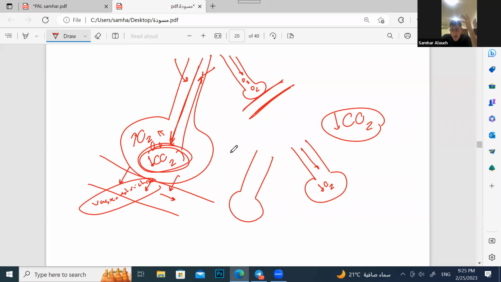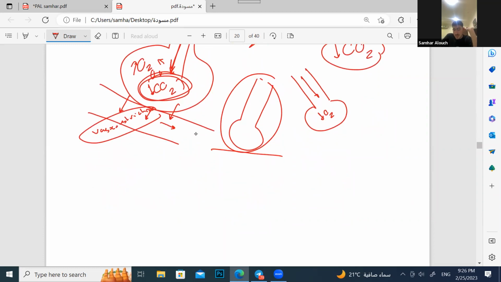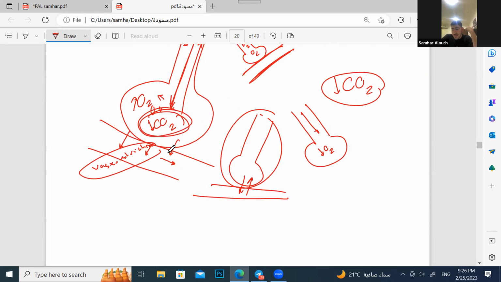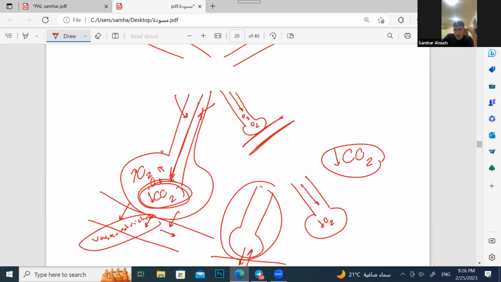So how would our body react? The hypocapnia, low CO2, will cause bronchoconstriction, and so it comes back to normal. Now these small blood vessels will come back to normal and we have normal diffusion. And since in this small alveoli we have a low amount of oxygen, we have hypoxia, and I just said hypoxia causes vasoconstriction.